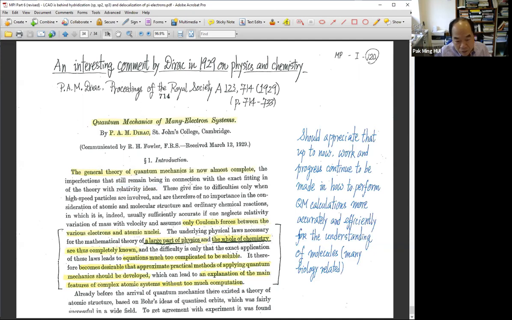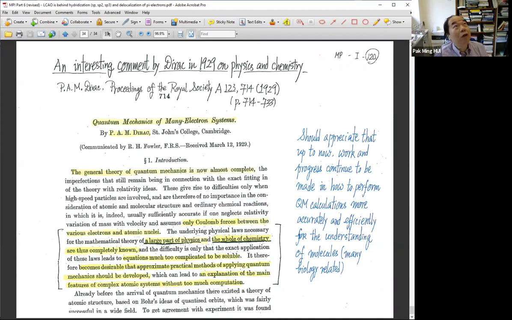And he says this gives rise to difficulties only when high-speed particles are involved, and are therefore of no importance in the consideration of atomic and molecular structure and also ordinary chemical reactions. You see, Dirac thought about chemical reactions. So you should also do that, right?